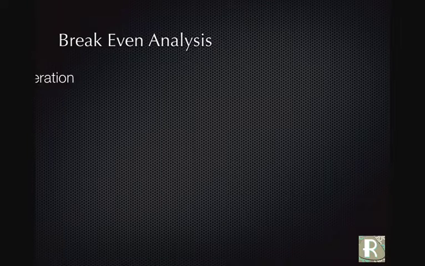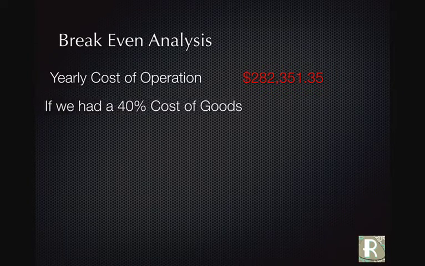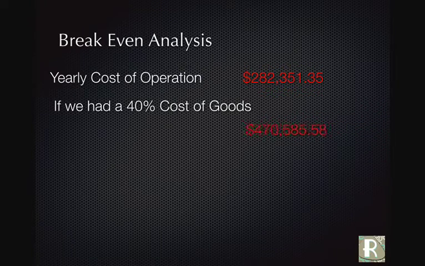Remember that our yearly cost of operation is $282,351.35. So if we had a 40% cost of goods, that means that we would have to roughly bring in $470,558. Now again, that's a break-even analysis by going through the math.